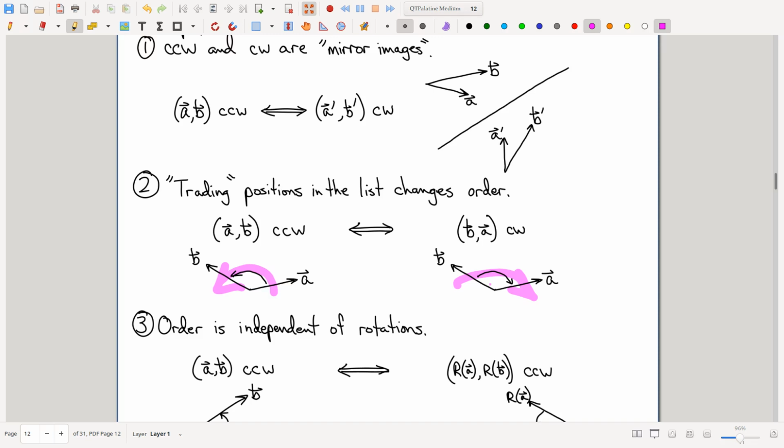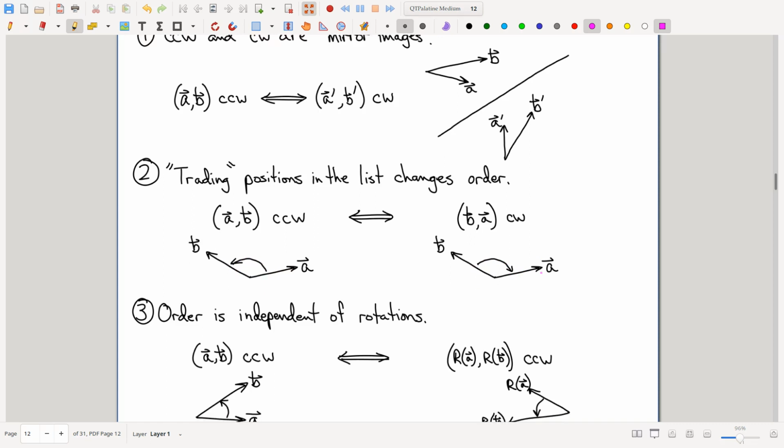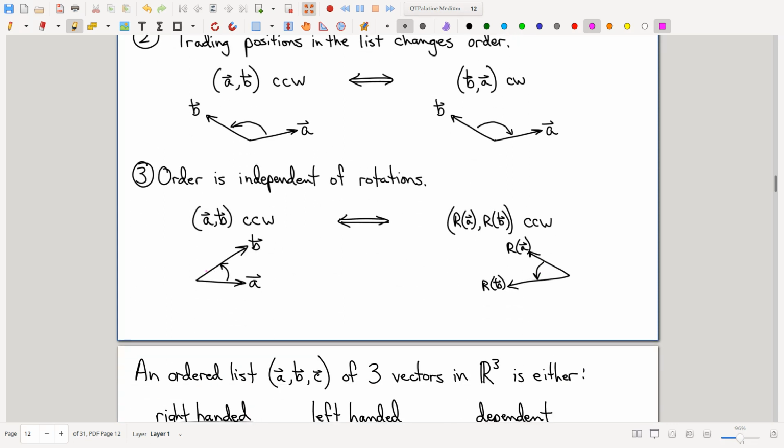And then lastly, if you take the whole picture, right here I have A and B, and that list A comma B is clearly counterclockwise. If you take this whole picture here, just grab this whole thing and just rotate the entire story, it's still counterclockwise.